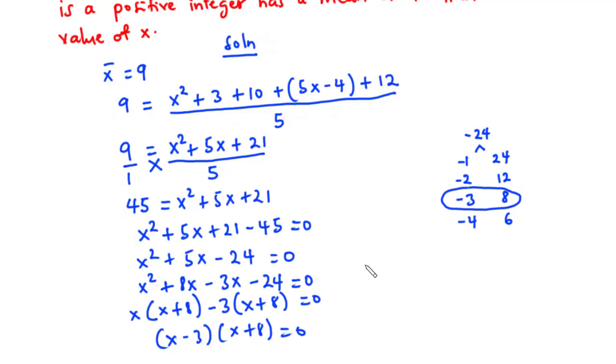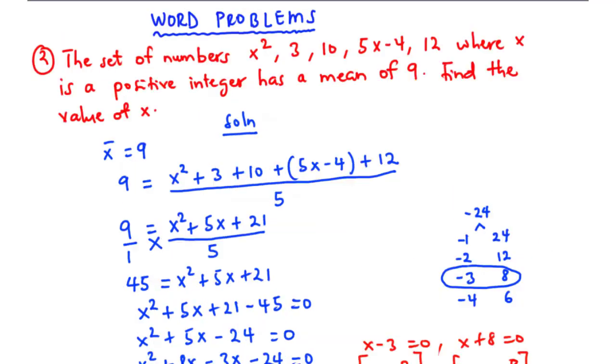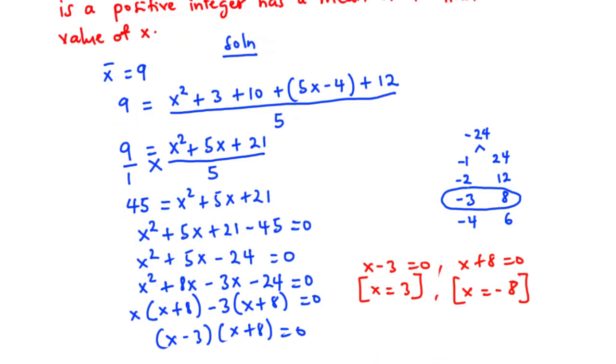So this becomes x minus 3 equals 0, x is equal to 3, x plus 8 equals 0, x equals negative 8. Now because we are told from the question that x is a positive integer, it follows that x is equal to 3 is what we are looking for.